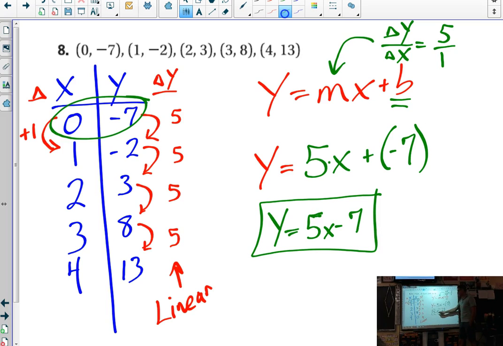For what it's worth, it is nicer to write the variable value first. So instead of writing -7 plus 5x, some people, depending on how they've been taught, get in the habit of writing the constant first, because you find your intercept and then you find your slope. In mathematics it is better to write the higher power of the variable first.